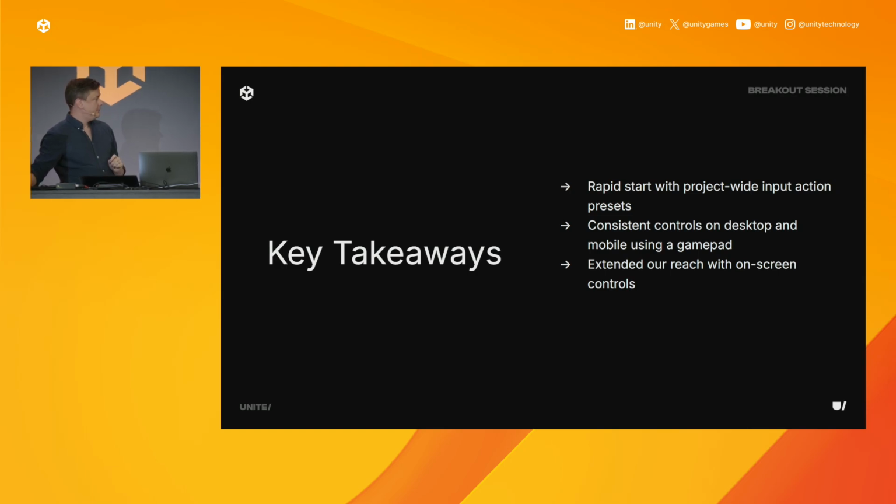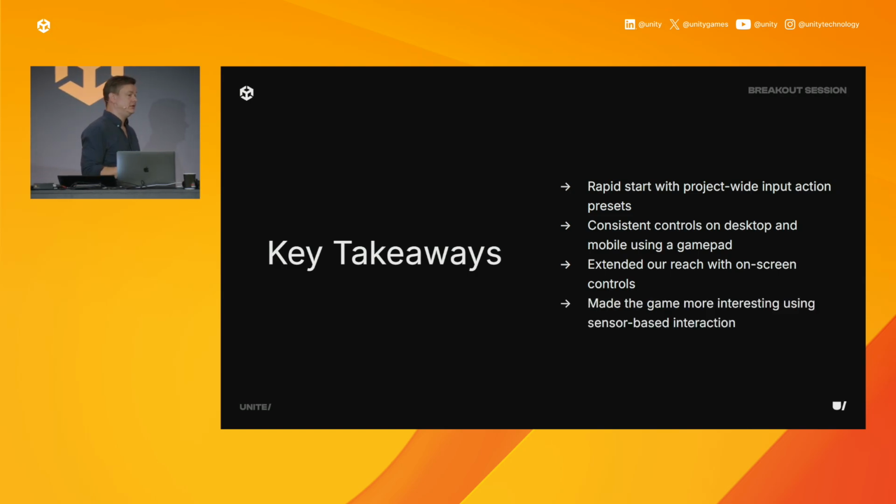And then we finally explored using sensors, and we changed how you steer this car. There are many sensors today on mobile devices, and that can be a way to add some interesting aspect, or at least an optional way to control something to make it a little bit more interesting.